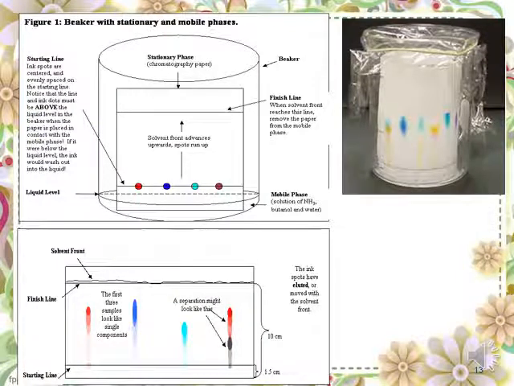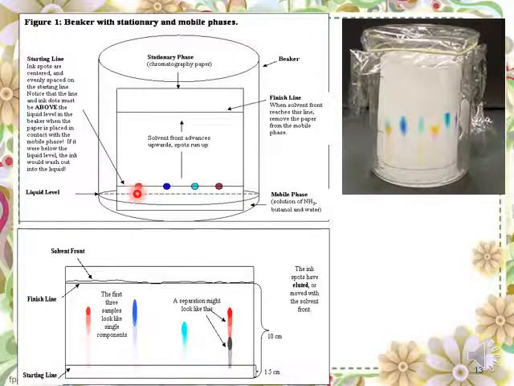For paper chromatography or thin layer chromatography, a fine, thin line is drawn with a pencil here. This will be the starting line. Then ink spots will be centered and evenly spaced on this starting line. You notice that the line and ink must be above the liquid level.